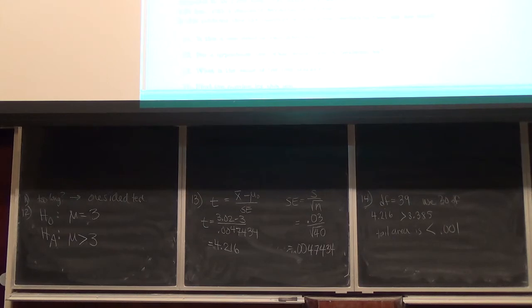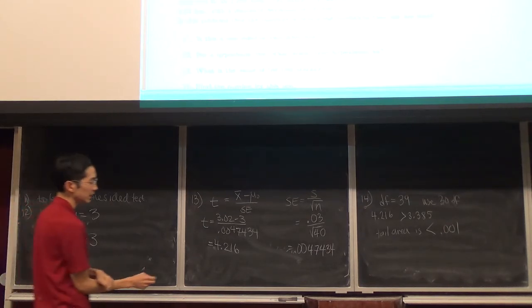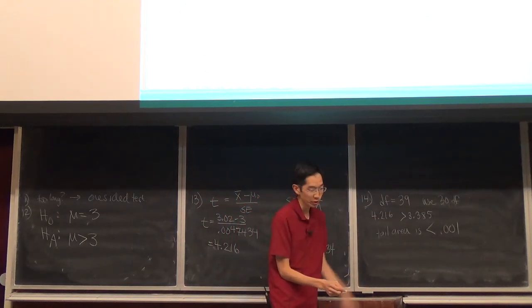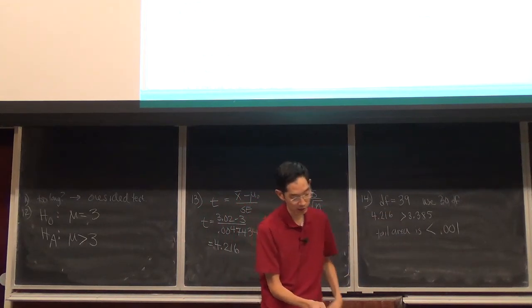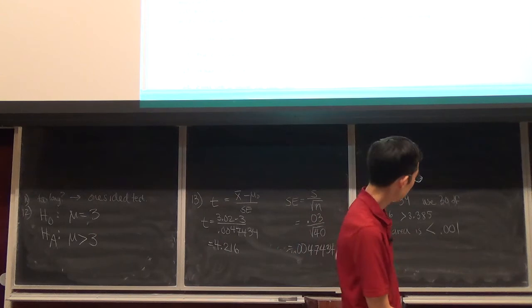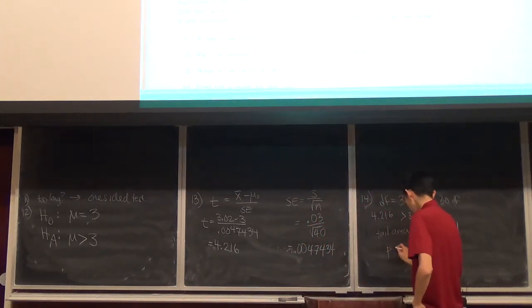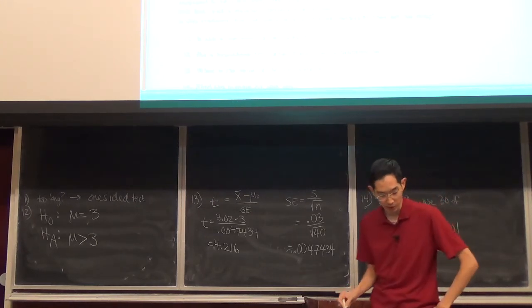My test statistic, 4.216, is greater than 3.385, so my corresponding tail area is less than 0.001. So my p-value, whatever it is, is less than 0.001.